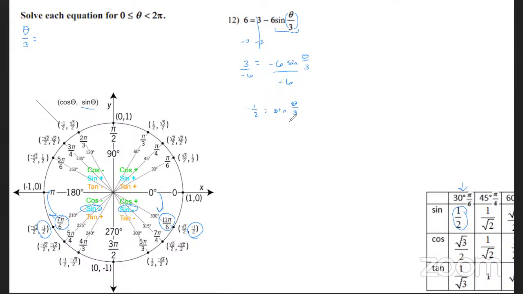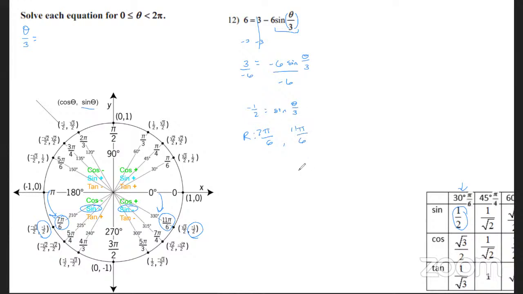So we found both of them on our original one time around this circle. Our two reference angles are 7 pi over 6 and 11 pi over 6.